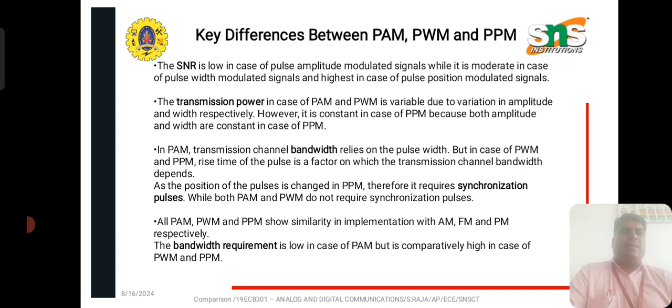In PAM, transmission channel bandwidth relies on the pulse width, but in PWM and PPM, the rise time of the pulse is the factor on which the transmission channel bandwidth depends. As the position of the pulse is changed in PPM, it requires synchronization pulses, while both PAM and PWM do not need synchronization pulses. PAM, PWM and PPM show similarity in implementation with AM, FM and PM respectively.